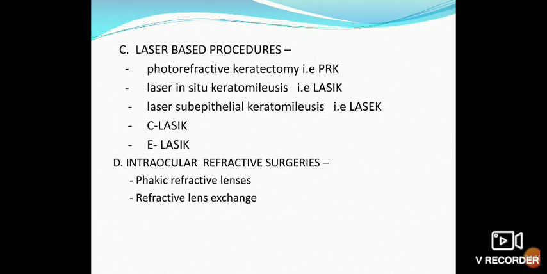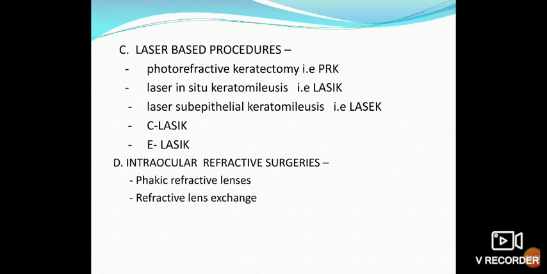In refractive surgery, another category is intraocular refractive surgeries. Phakic refractive lenses: phakic means the normal lens is not removed. In front of the normal natural lens, another lens is put. That procedure is called phakic refractive lenses.